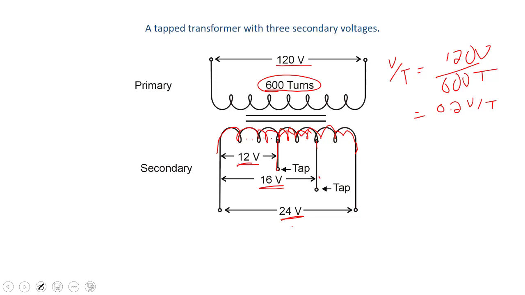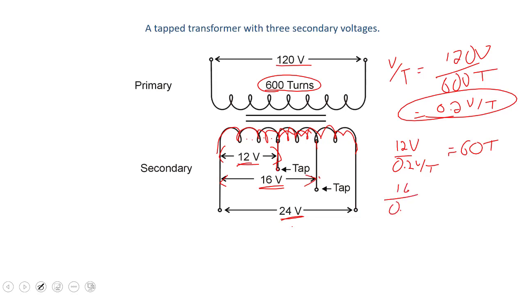So let's figure out on this example how many turns there are if we use the 12 volt setting. On the 12 volt setting, I take 12 volts and divide it by 0.2 volts per turn, which was established on the primary. So 12 divided by 0.2 is 60 turns. If I want the 16 volt setting, 16 divided by 0.2 is 80 turns total.